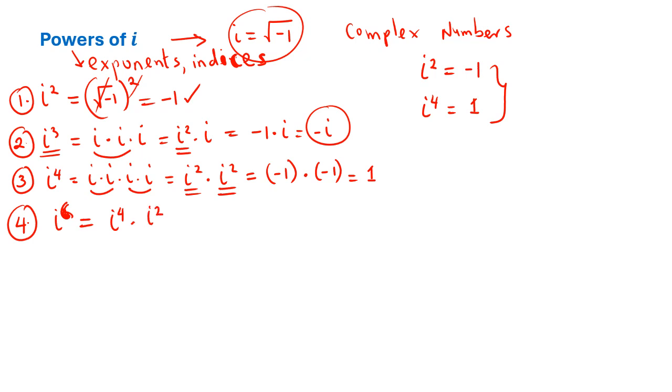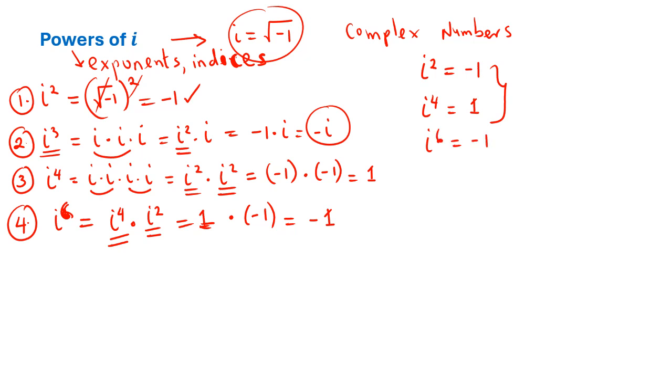Because I already know i to the 4th power is 1, I'll substitute that, and then multiply by i to the second power, which is -1. I multiply these two results together, which means I end up with -1. So i to the 6th power will always represent -1.